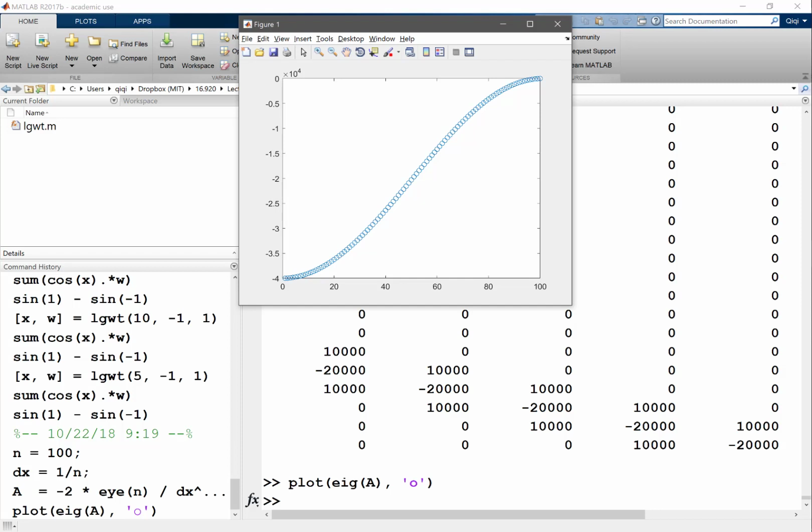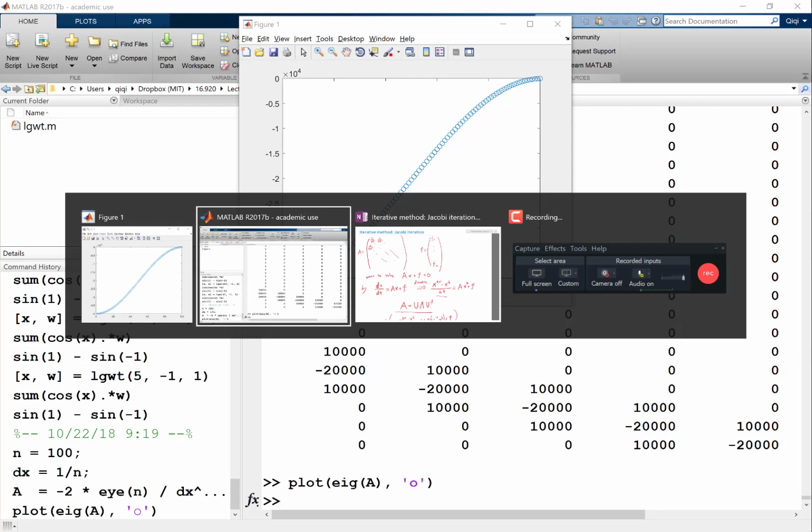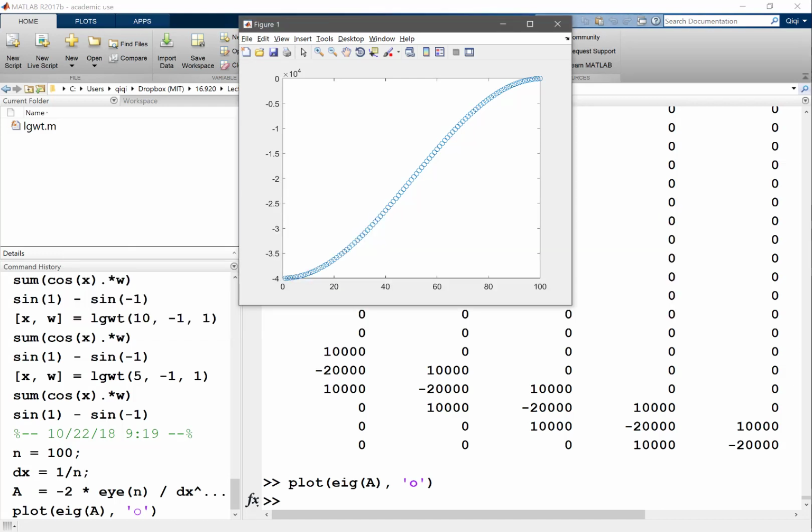Okay, and so what the Jacobi method does in this case is actually to take a time step size such that the amplification factor for the most negative eigenvalue is going to be basically, let me see, right.